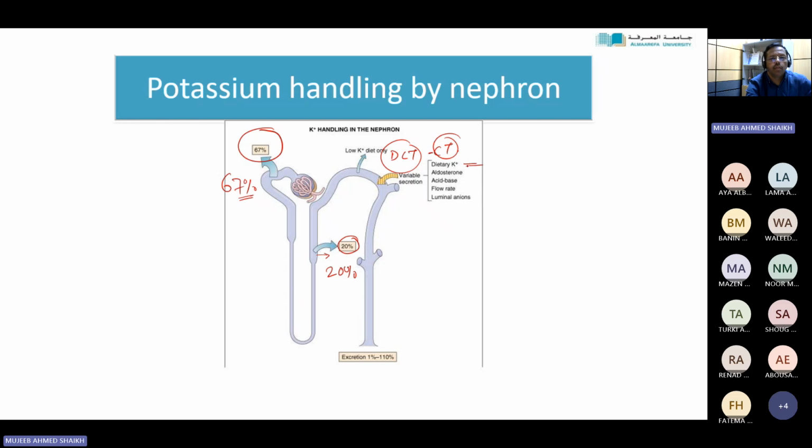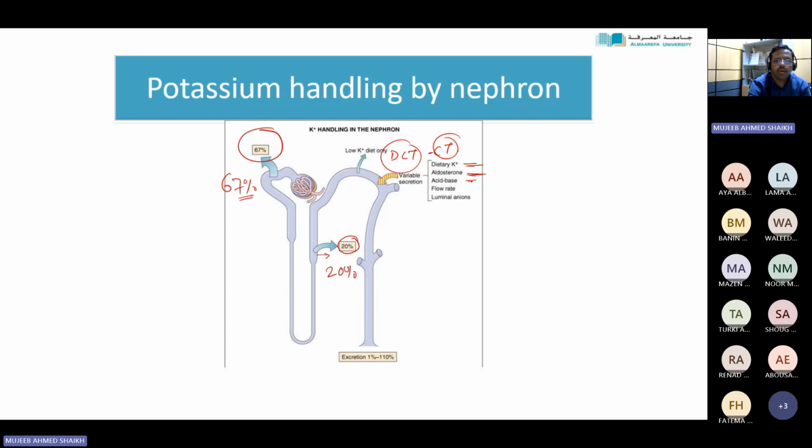If you are eating more, there will be secretion. If you are eating less, there will be reabsorption. Also, it depends upon the level of aldosterone secretion. If aldosterone level is high, it will lead to secretion of potassium.